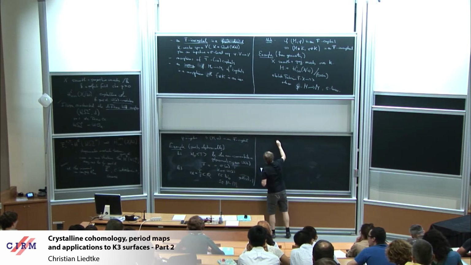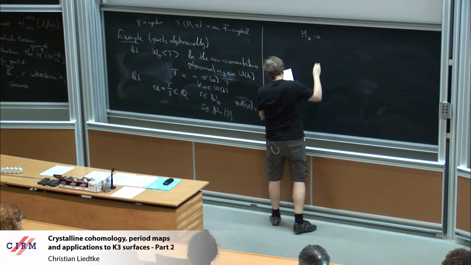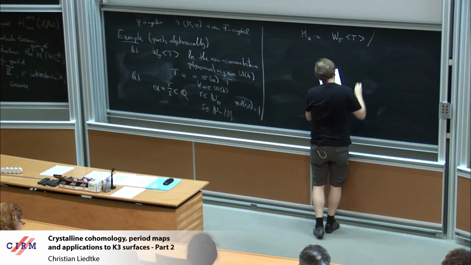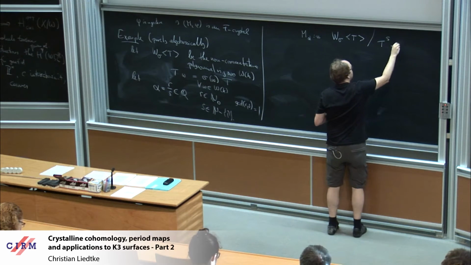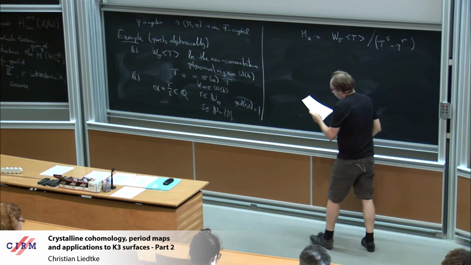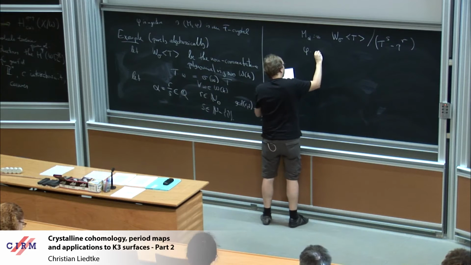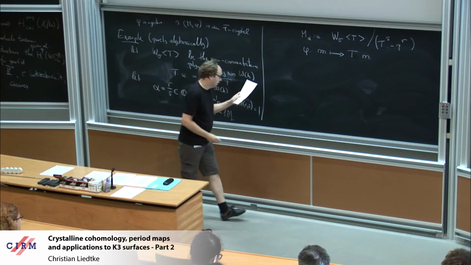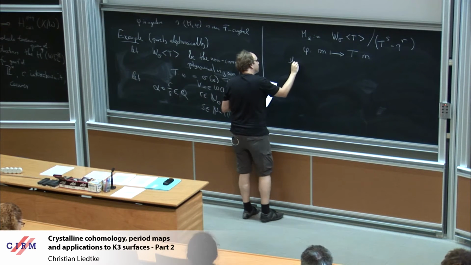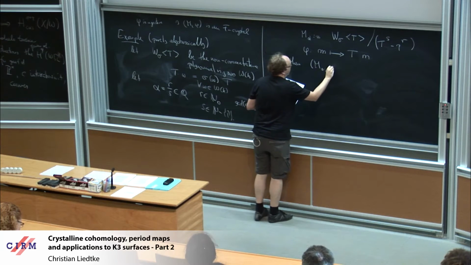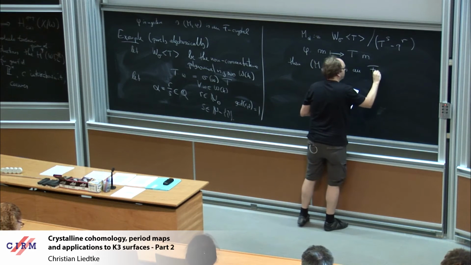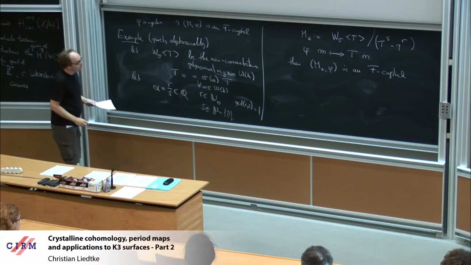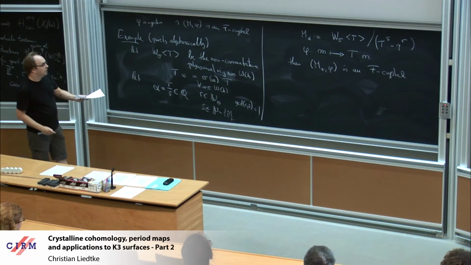And then I set M_alpha to be W_sigma[t] modulo (t^s minus p^r), and you set phi to be the map that multiplies by t. And then I claim that (M_alpha, phi) is an F-crystal. So this associates to every positive rational number an F-crystal.